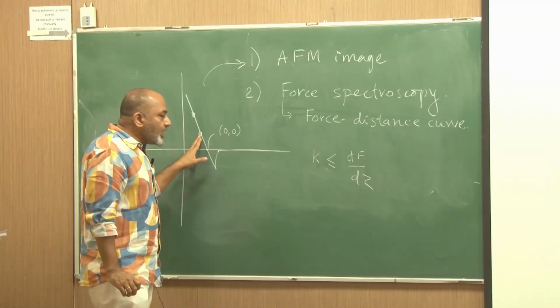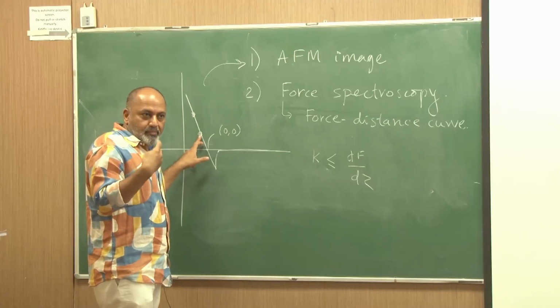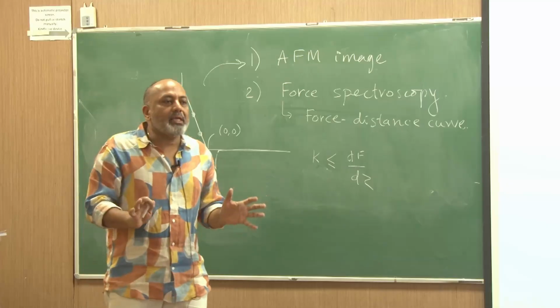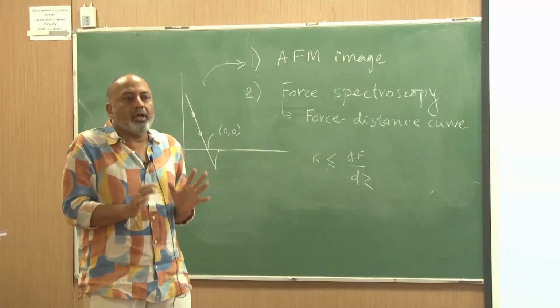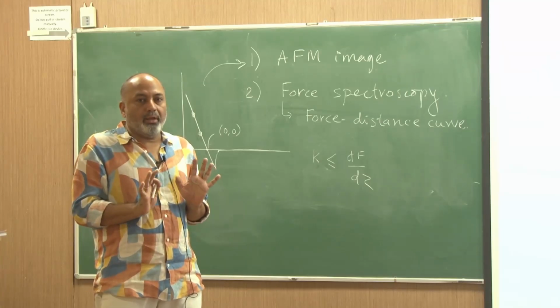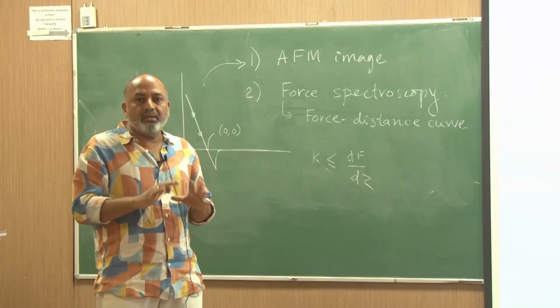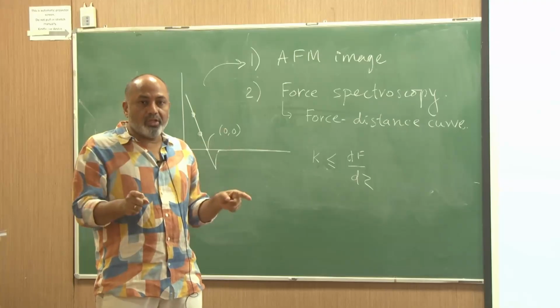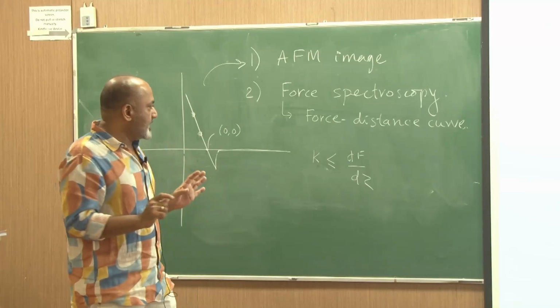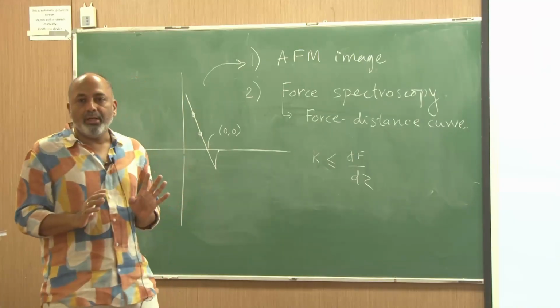So I decide this is the load. Because my sample is so soft, say I am imaging cells or something, it cannot bear more than 500 piconewtons of load. So I say, throughout the image do not exceed 500 piconewtons, or hold it always at 500 piconewtons. And this is done by something called a PID loop.